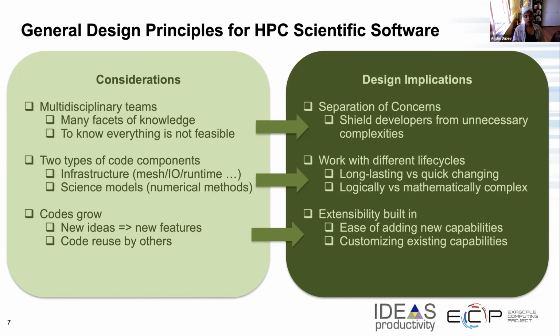And therefore, one almost always has to plan for a code to grow, which means the design implication is that extensibility should be built into the DNA of the code, accounting for an ability to easily add new capabilities and to be able to customize existing capabilities as needed.